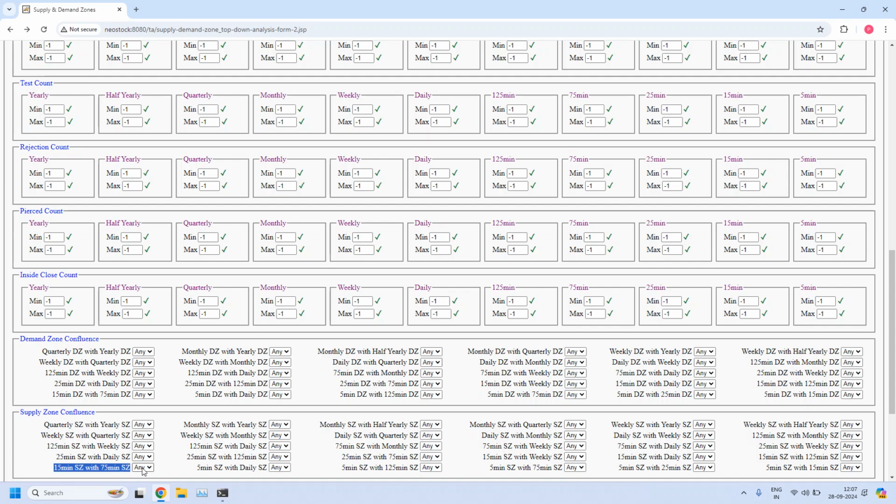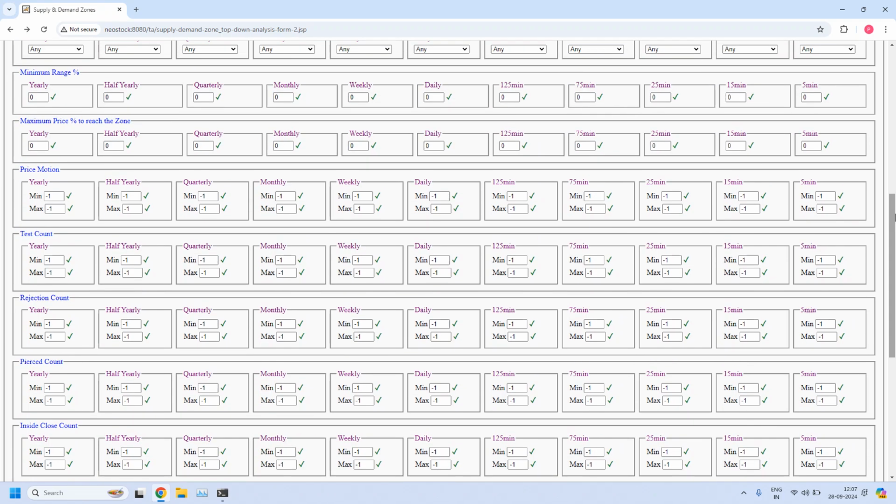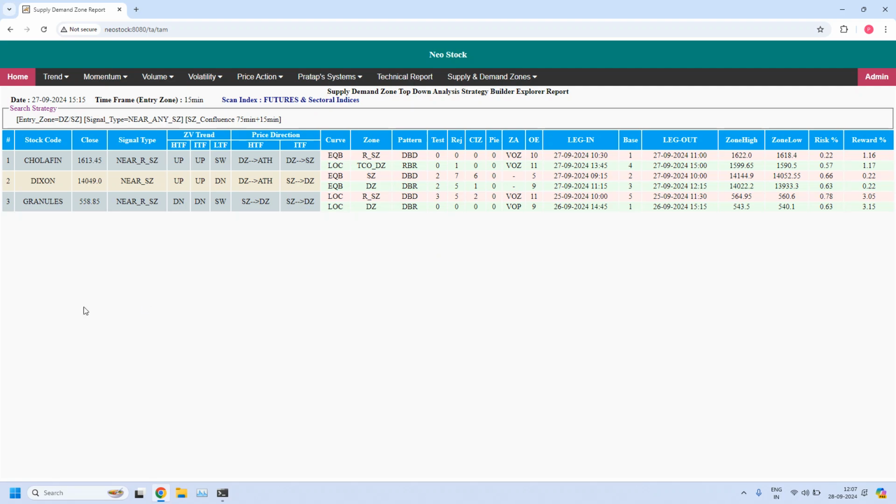So I'm enabling this filter. So ITF confluence. 3 stocks are having ITF confluence, all the 3 supply zones. And the first one and third one are having good RR. And moreover, both these zones are high liquidity zones, first and third.